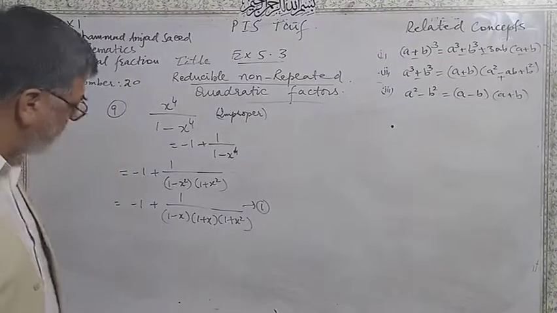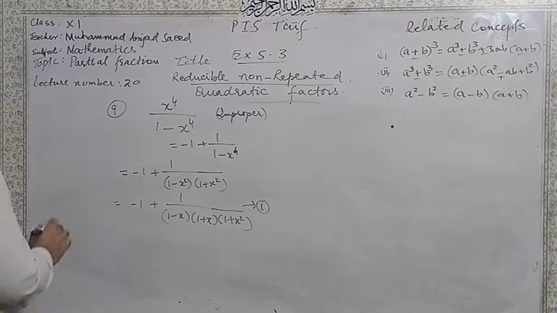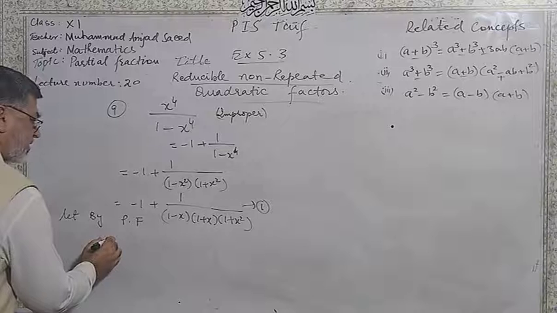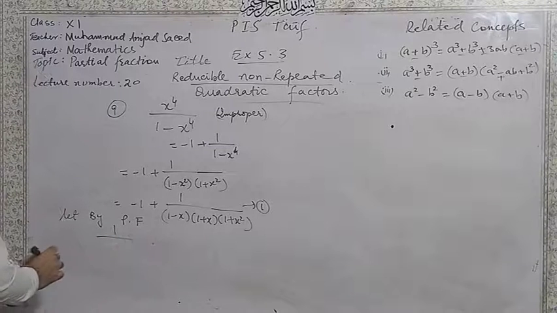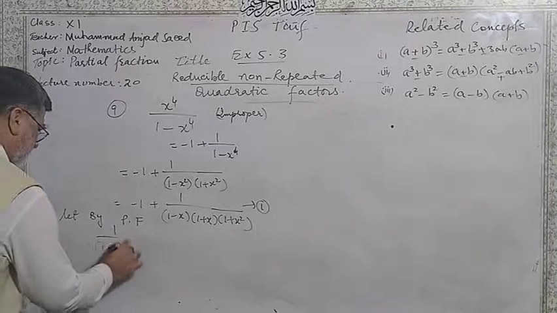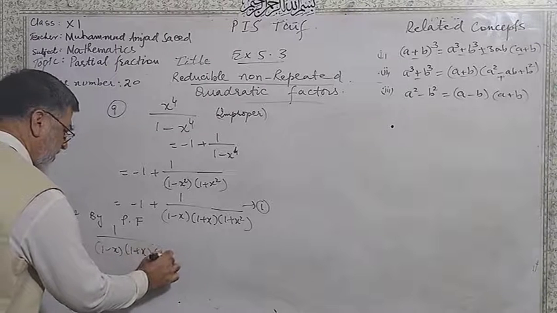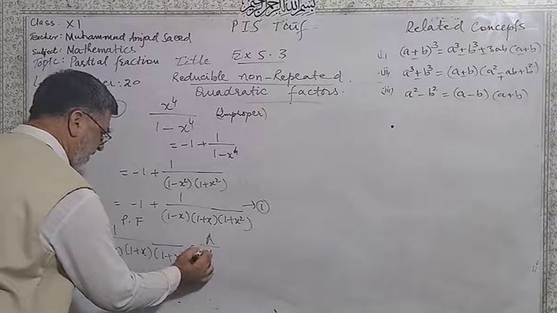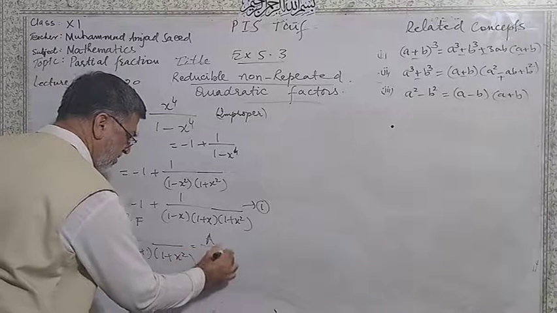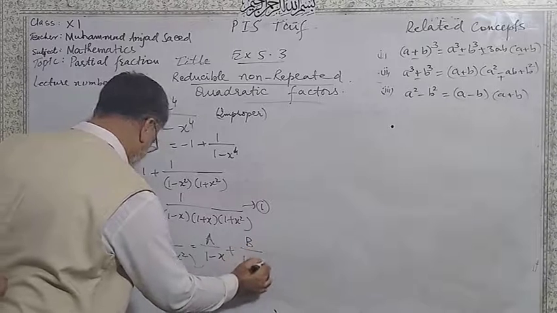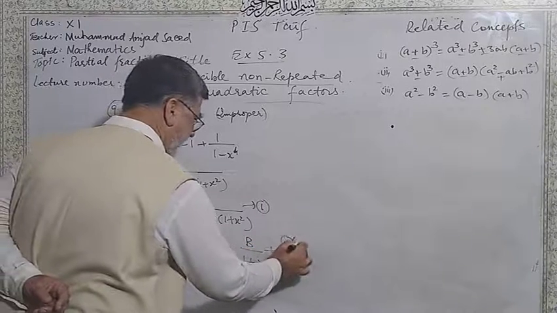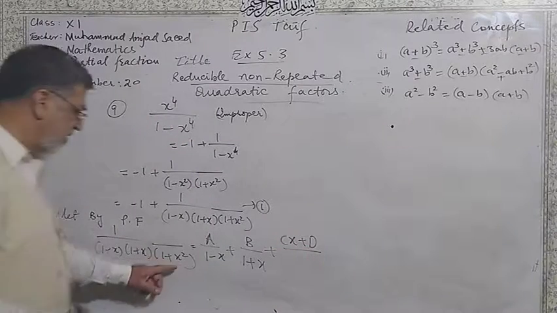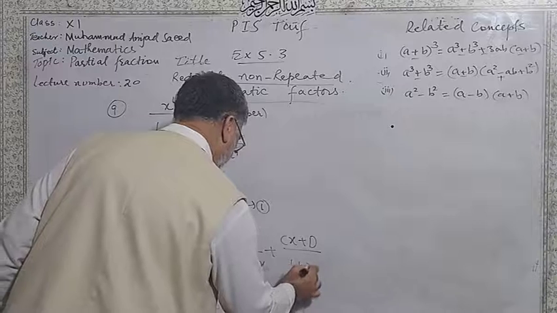Let by partial fraction 1 over 1 minus x, 1 plus x, 1 plus x square, that is a over 1 minus x plus b over 1 plus x plus cx plus d over 1 plus x square.